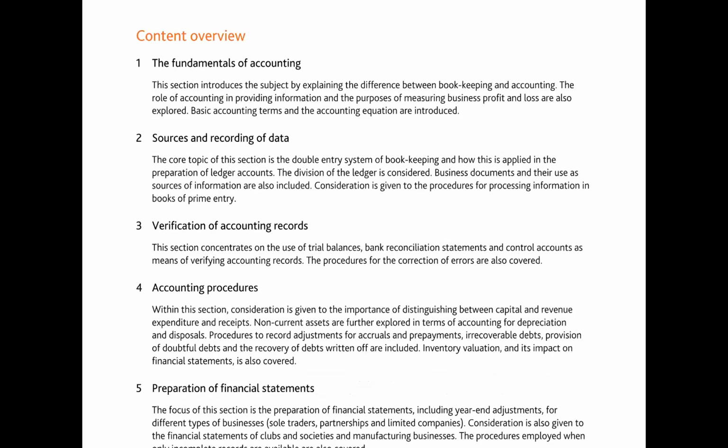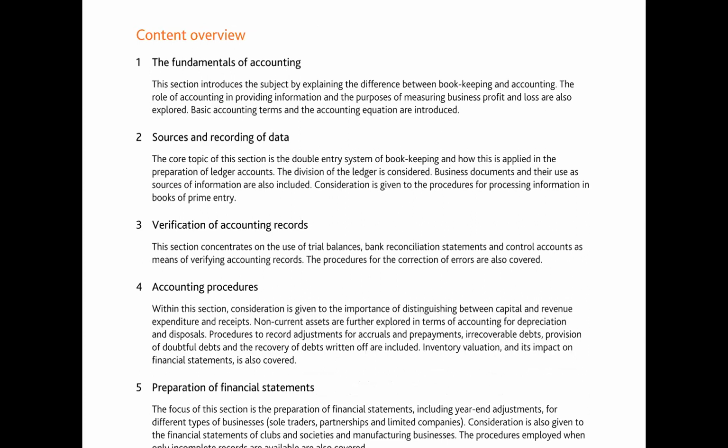And then we'll look at the sources and recording of data. The core topic of this section is the double entry system of bookkeeping. We'll introduce you to the double entry system of bookkeeping, and we'll show you how it is applied in the preparation of ledger accounts.